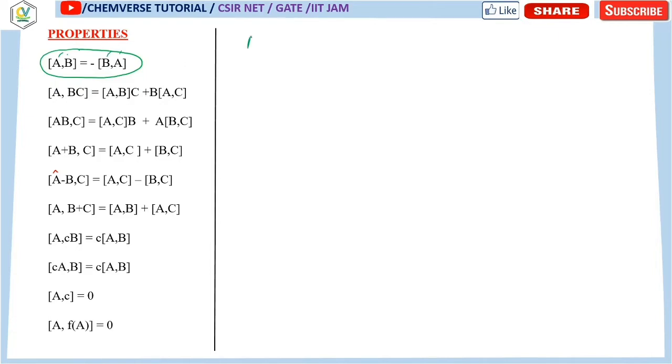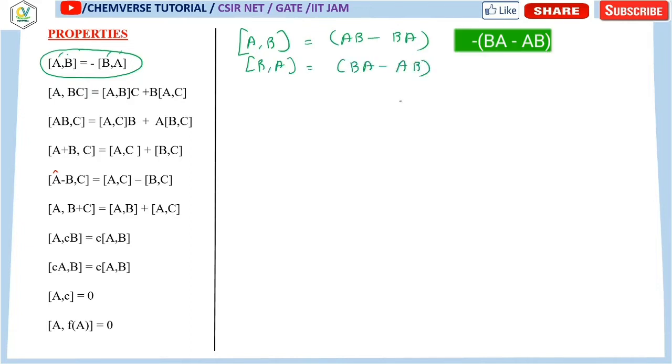Now you can see that commutator [A, B] represents AB minus BA and commutator [B, A] represents BA minus AB, so if we take a minus common, it is basically minus the commutator [B, A]. So this is the first point which we need to remember.